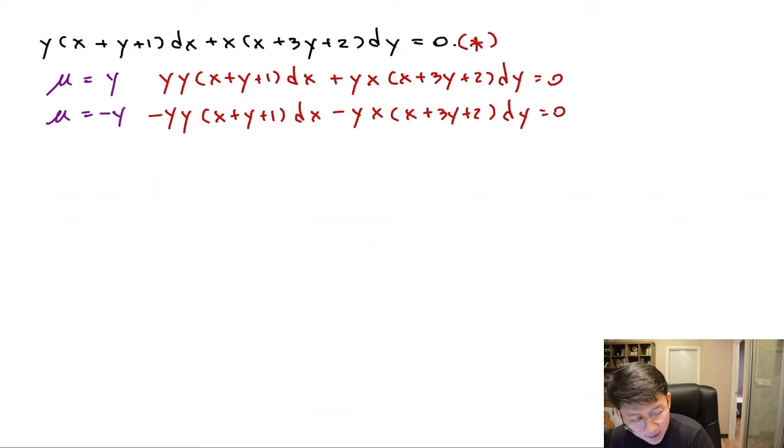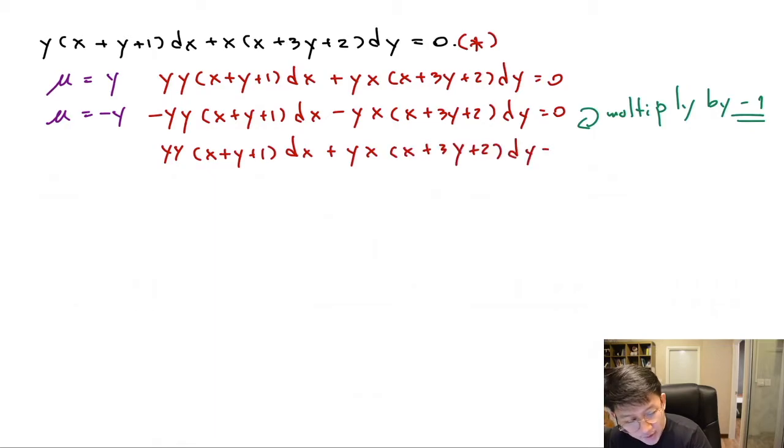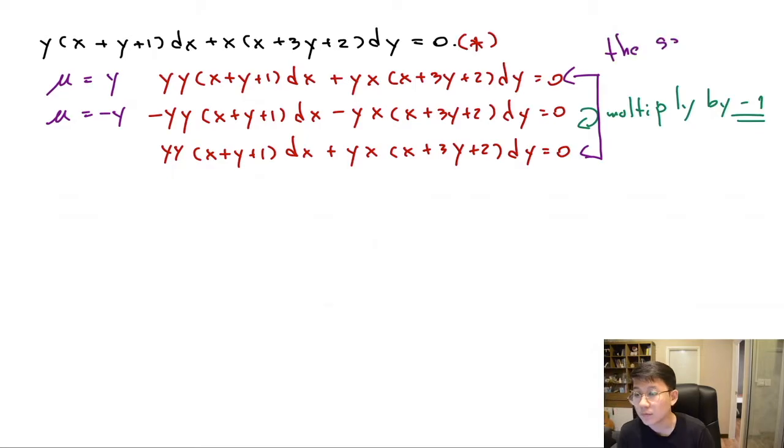And then I multiply by minus 1. So I have y(x + y + 1) dx + xy(x + 3y + 2) dy = 0. And these two equations are exactly the same.